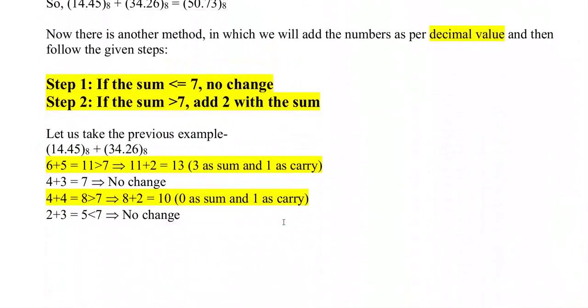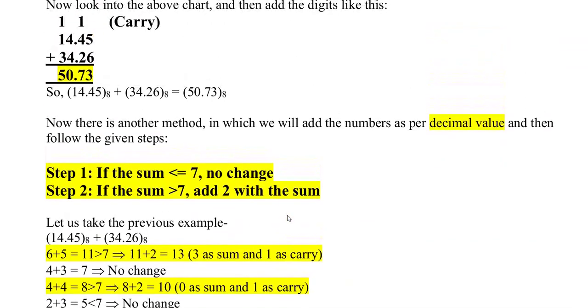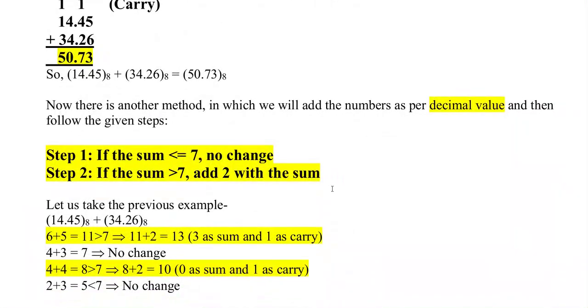The shortcut is this one. I'll add the number in decimal form, that is decimal value, because it is easier for us to add the number as decimal. We are habituated in that. And then what we'll do, because we know with octal and decimal, the difference is of 2.